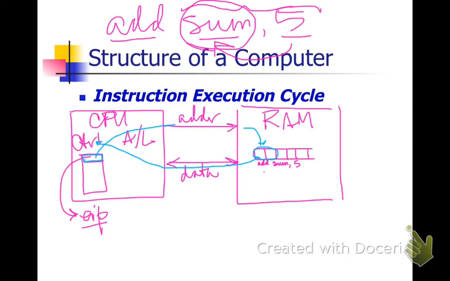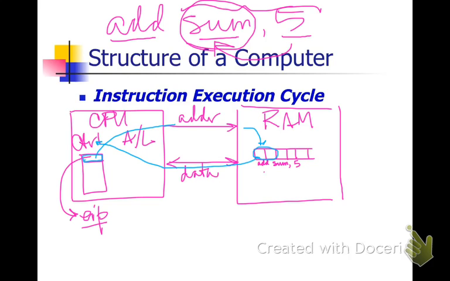Okay? Control unit is going to translate and say, oh, okay, I'm adding a couple of things. From both of these bytes, I know that I'm adding an immediate value to a piece of data or another value that's stored in memory.